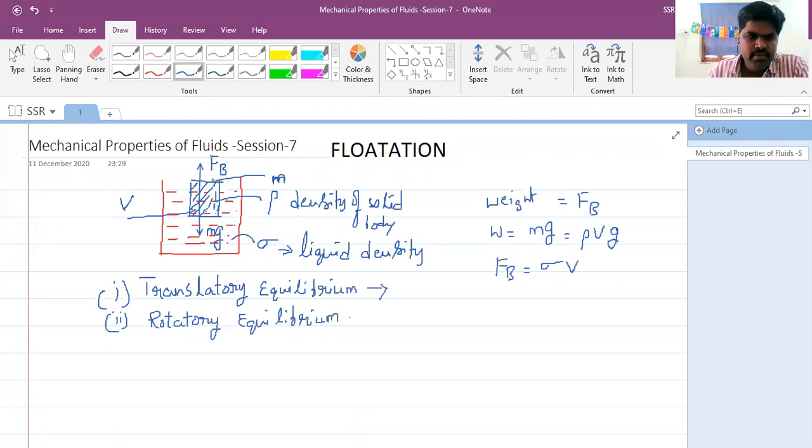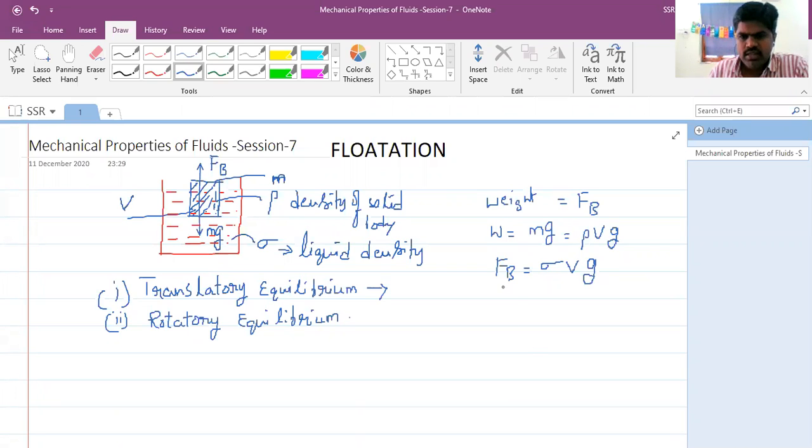Suppose it is fully immersed and floating, then the total volume displaced is V, the full volume, into g. So that is the buoyancy force. Are you clear on this? So weight is rho Vg, Fb is sigma Vg. V is the volume of the solid only.